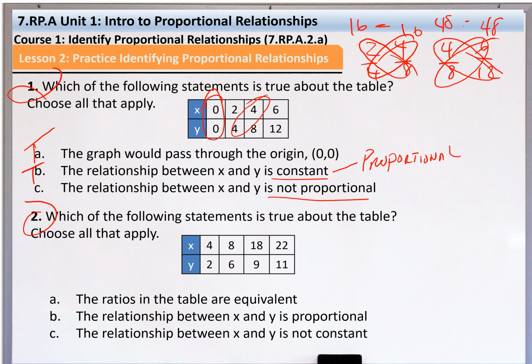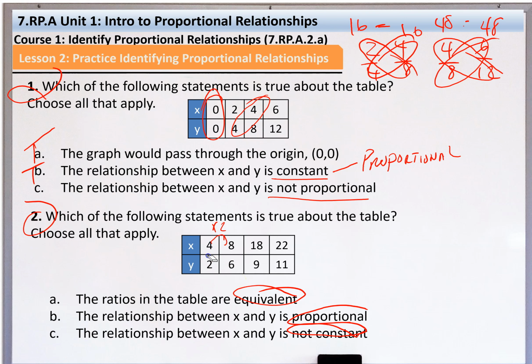Number 2 says, which of the following statements is true about the table? If the ratios are equivalent, then that means it's proportional, or it's not proportional. So let's take a look here. I'll try 4 times 2 gives me 8, but 2 times 2 does not give me 6.